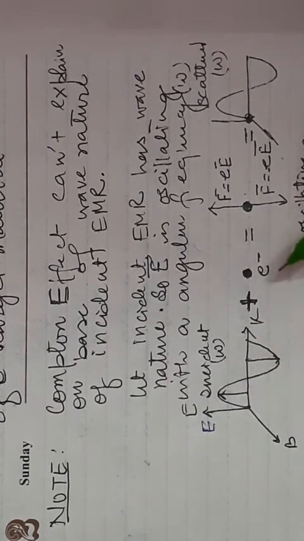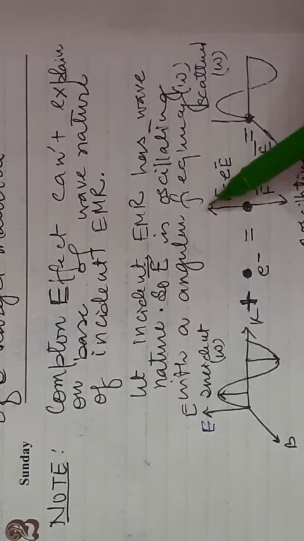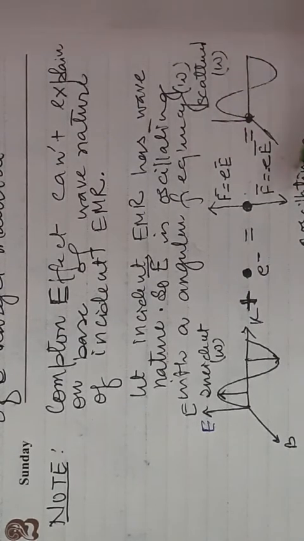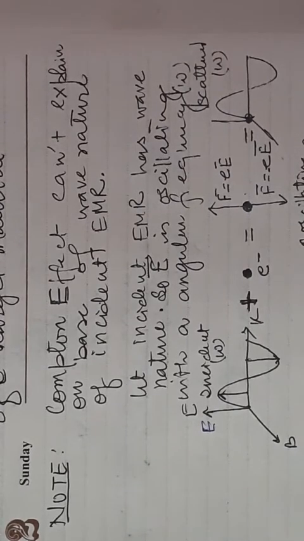Whenever the positive loop of the electric field gives a force in the positive direction, and the negative loop of the electric field gives a force in the negative direction, simultaneously you have the alternating, oscillating force acting on the electron with the angular frequency omega.